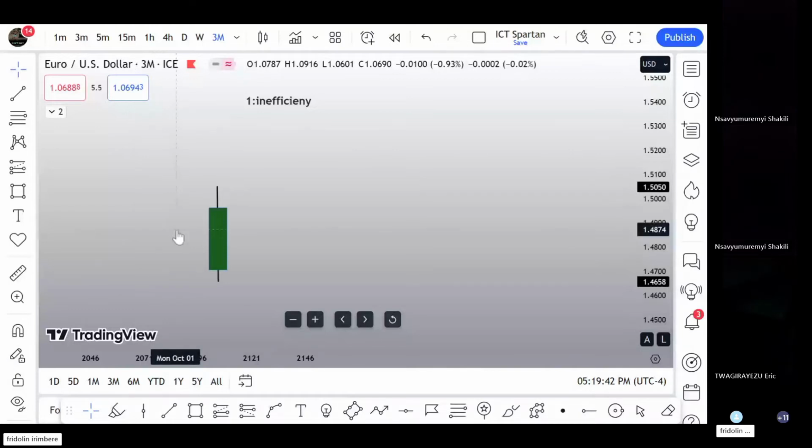So kuri no candlestick dufite iki, dufita open here and dufita close and dufita high na low. Ni kuvuga iki, harakurikira iyindi candlestick igira kabiri.